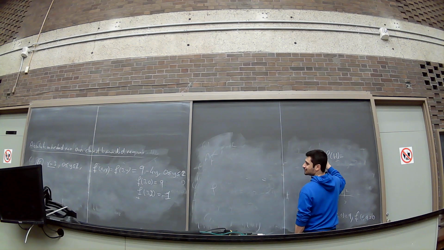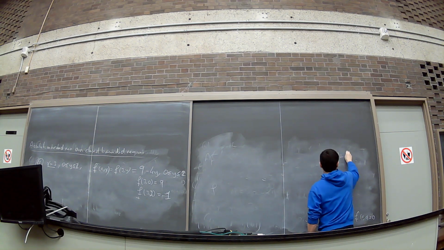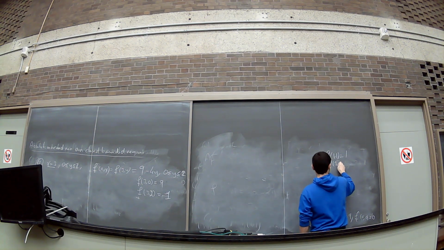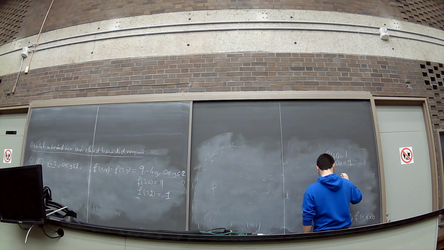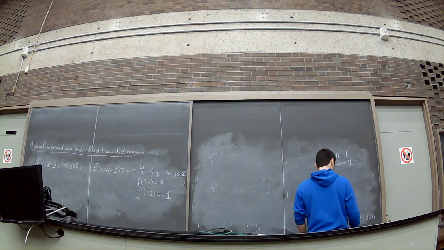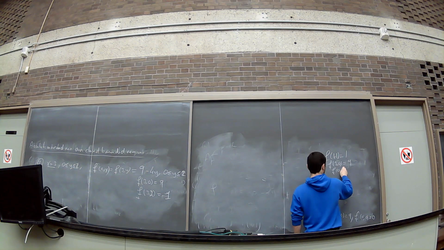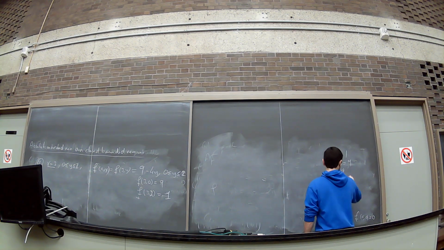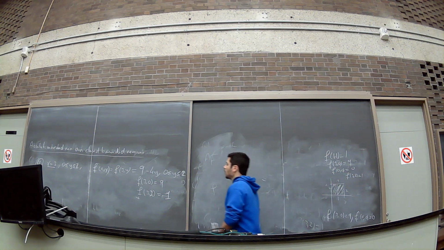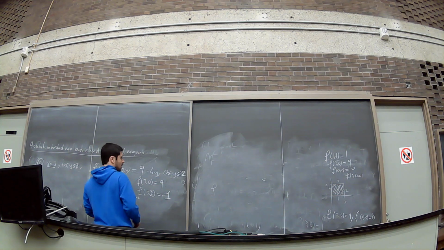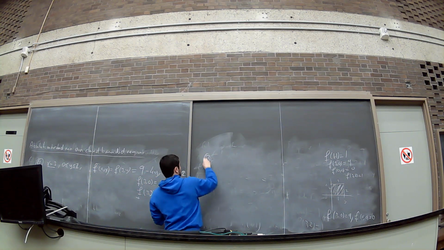What is f(1,1) equal to? 1. I had f(3,0), 9. F(0,0) is equal to 0. And f(3,2) is equal to 1. Okay, great.